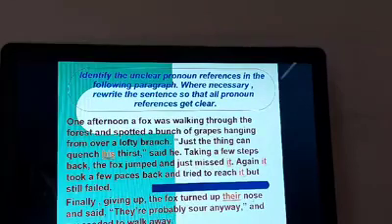"His nose" should be the right expression, because if the subject is singular, "their" should not be used, because it is plural. Giving up, the fox turned up their nose. So we should read it rightly. Finally, giving up, the fox turned up his nose, and they are probably sour anyway.